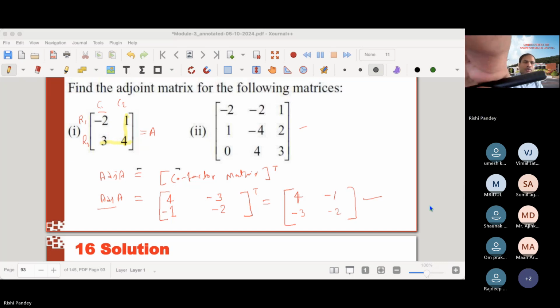Any doubt? Sir, I'm not understanding this cofactor, sir. You are there in the class. Yeah, I was, sir, but I'm very much confused with this cofactor, especially taking the signs. You tell odd number and even number, and then you take minus and plus sign.